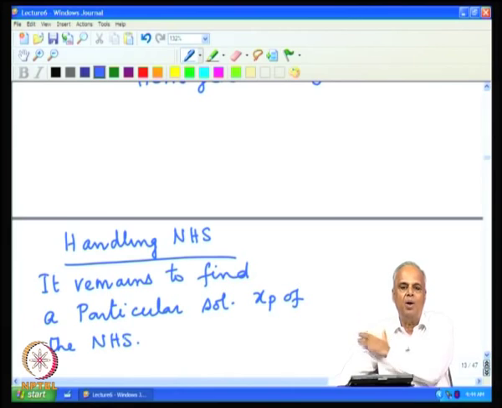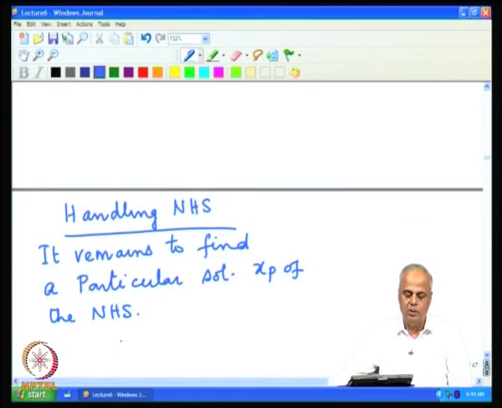Since we already have all the homogeneous solutions, all we need to find is one particular solution of the non-homogeneous system.